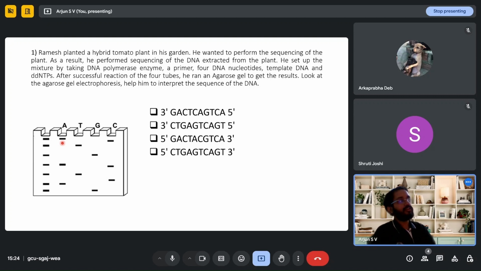Once you get how to look at the problem, it's kind of simplistic only.